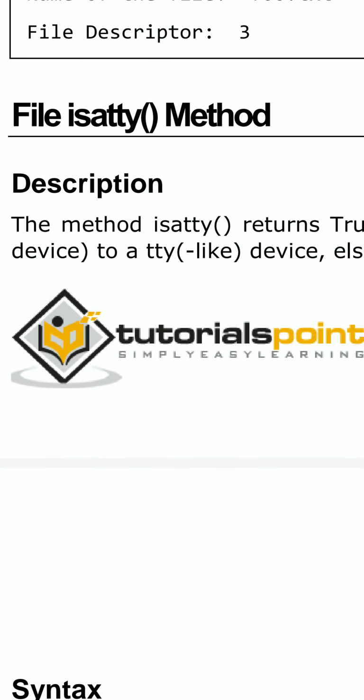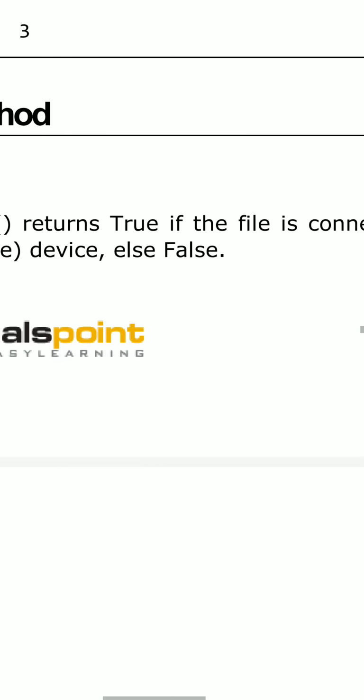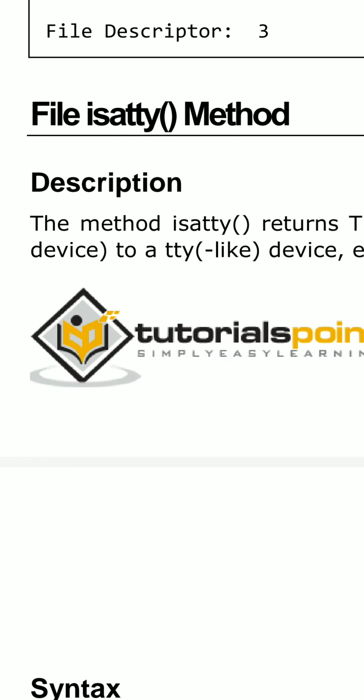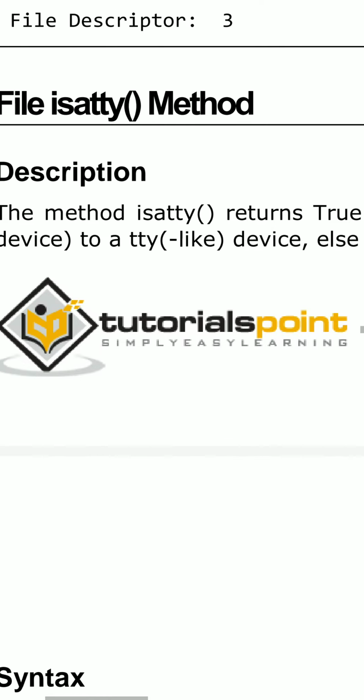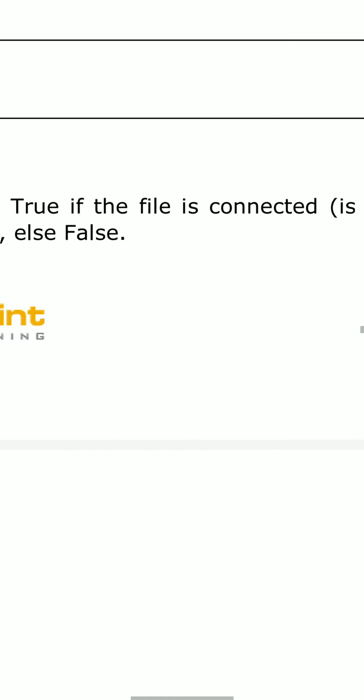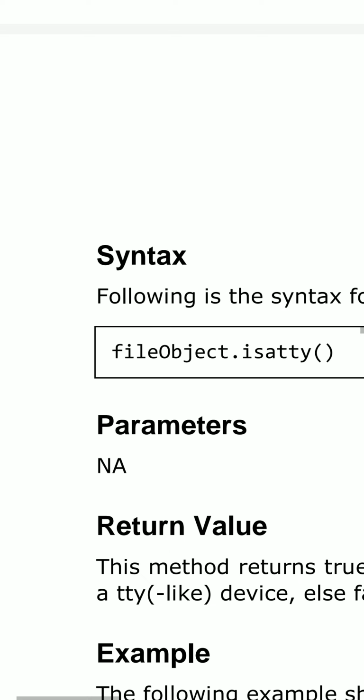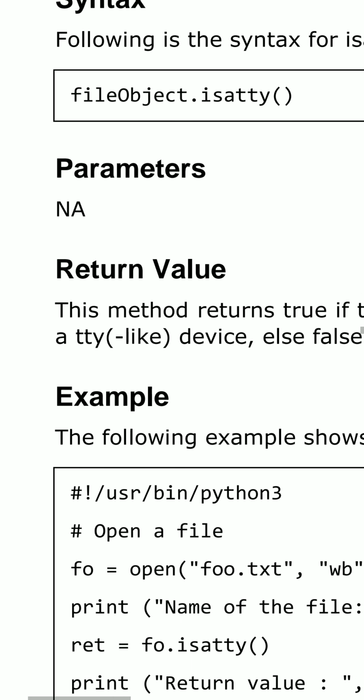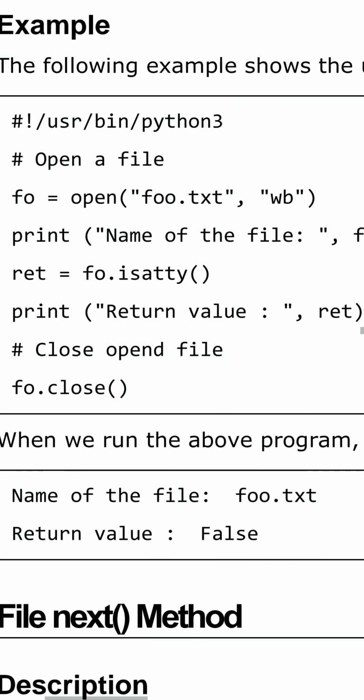The next method is isatty. It returns true if the file is connected, that means the file is associated with a terminal device or tty device. The syntax is file object dot isatty. Consider the program.